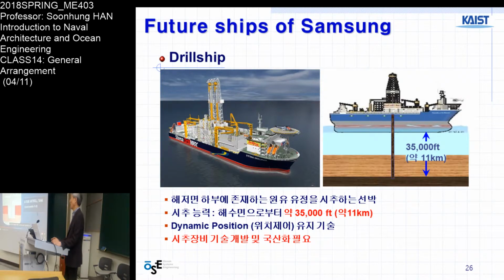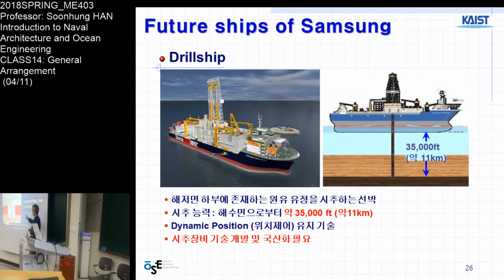And so the anti-roll tank is trying to reduce the rolling motion of the ship. There is a sample anti-rolling tank in another building where my office is, so if we have a chance, we can see that one.